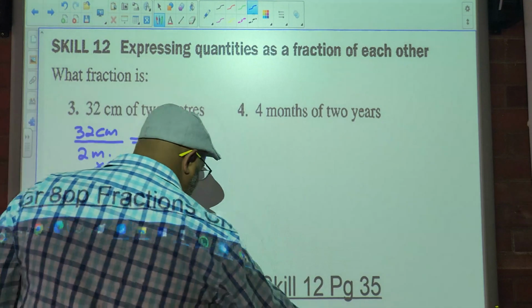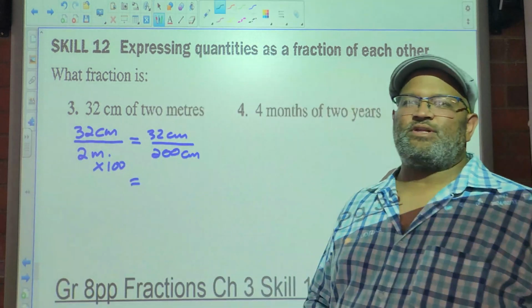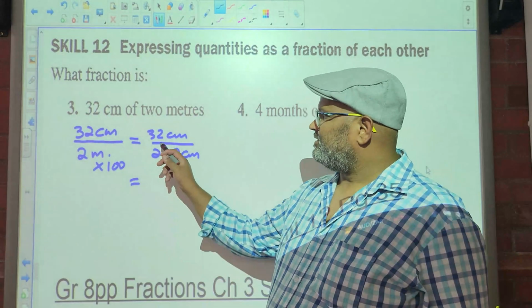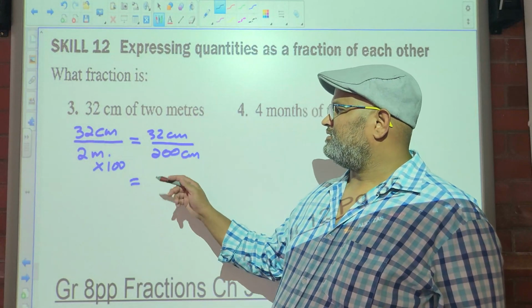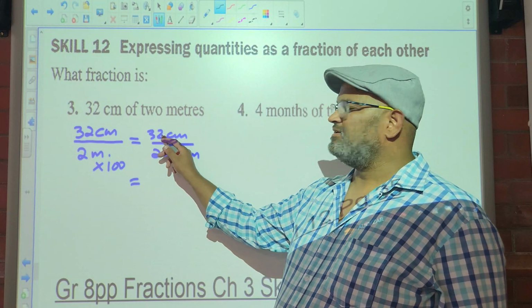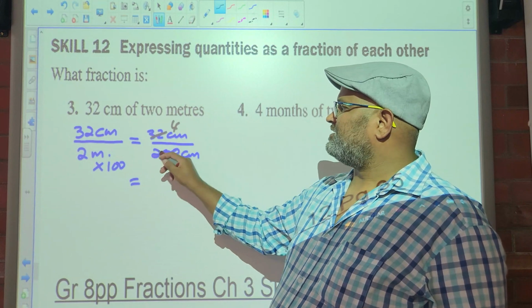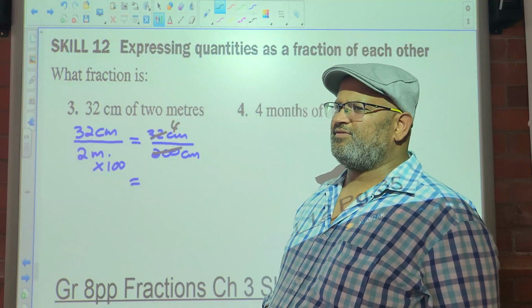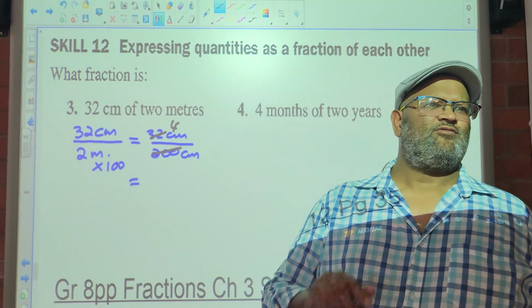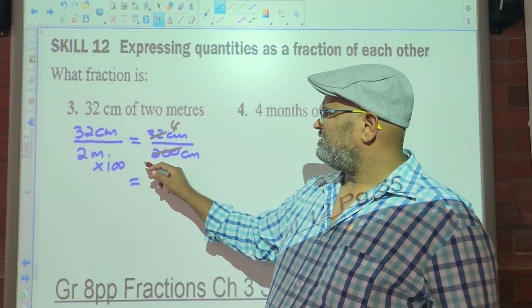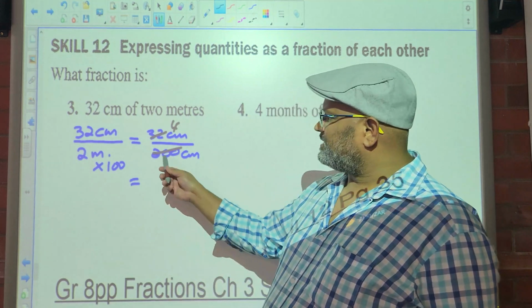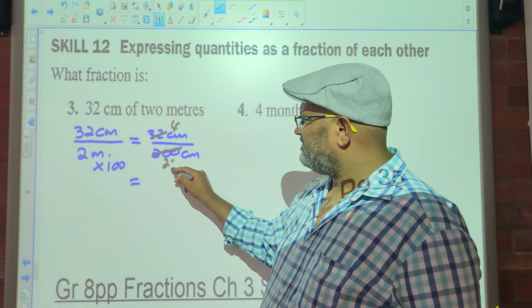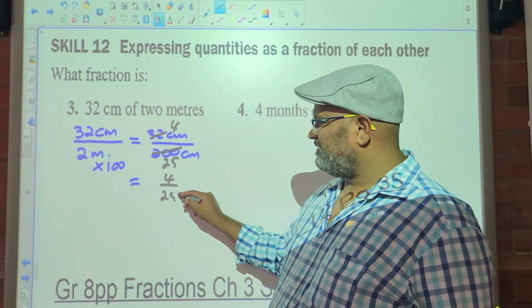What number goes into 32 and 200 without a remainder? 8. 8 goes into 32 4 times. 8 goes into 200 25 times. So it's 4 over 25.